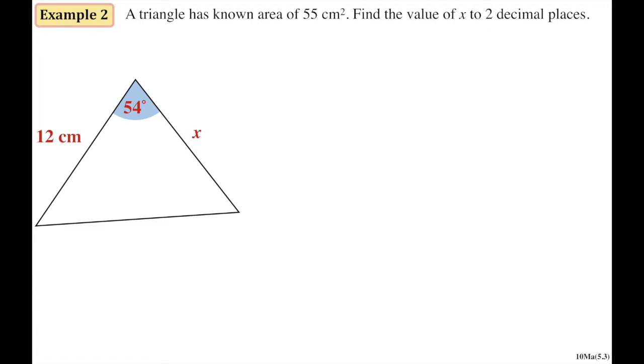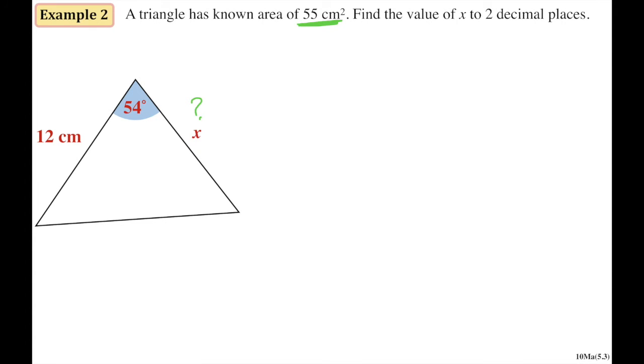The second example is a bit trickier because we're given our angle, and the two sides that create the angle 54 degrees are the 12 centimetre side and the side that's x units long. I don't know that length. However, I do know that the area of the triangle is 55 centimetres squared.